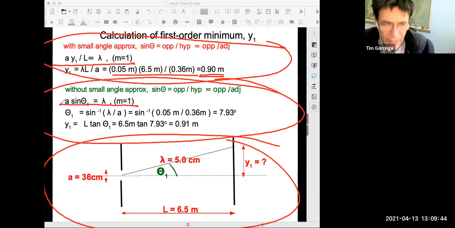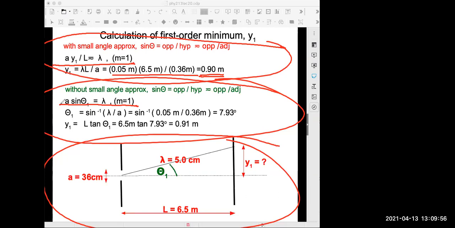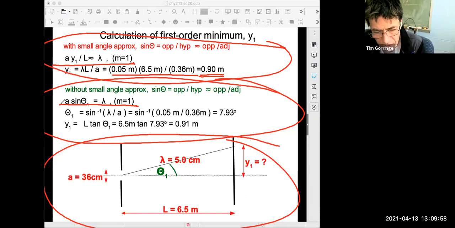Second calculation. So I'm going to ultimately calculate the same thing. But I'm going to do it with a formula that is exact. And I'm going to do it by first calculating the angle, the direction to the dark fringe, and then, only then, will I calculate the position. So I took the equation involving the direction of the dark fringe, again, plugged in that this is the first order dark fringe, so plugged in m equals 1. I get a sin theta equals lambda.